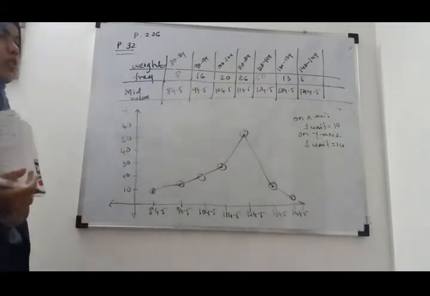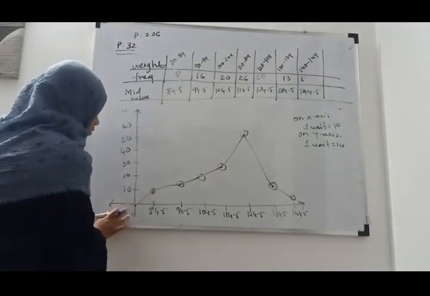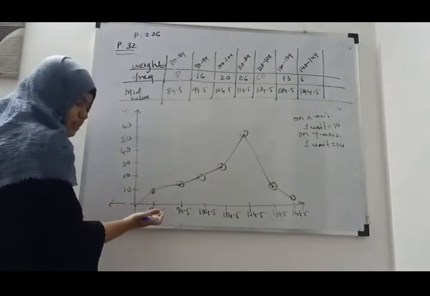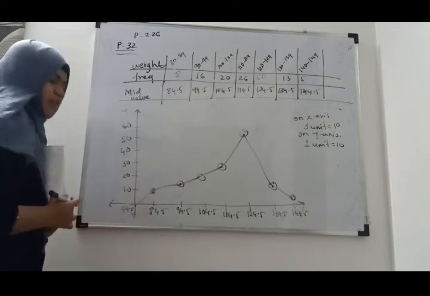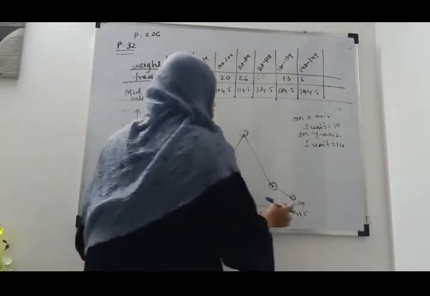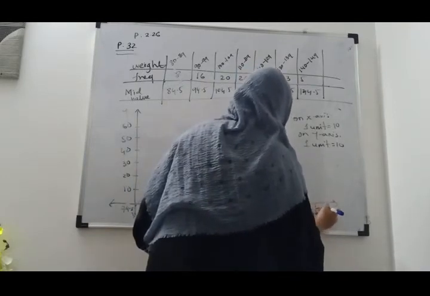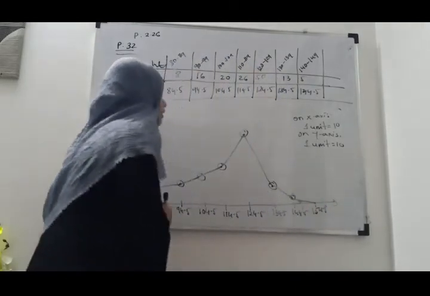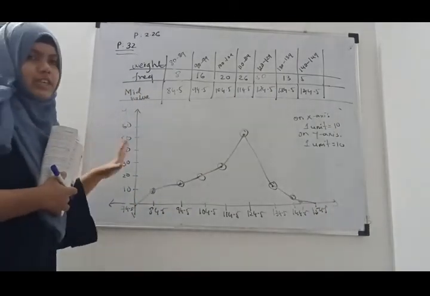Now to make it a closed polygon, we'll take the preceding class, that will be 74.5, and the succeeding class will be 154.5, and the frequency for those will be 0. So this is the required frequency polygon.